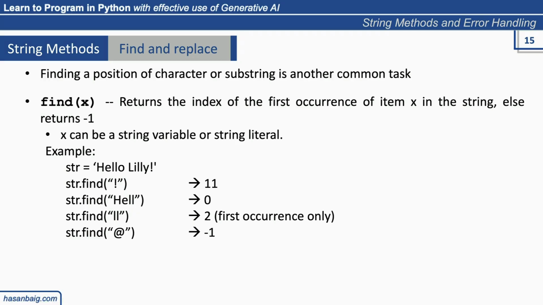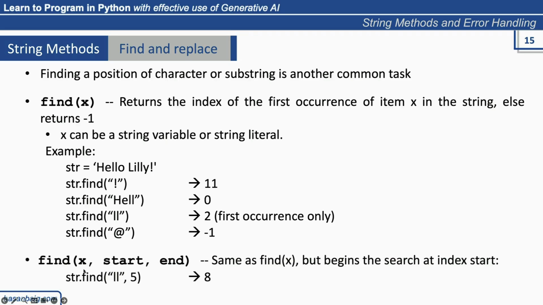There is another variation of this string method. For example, I'm looking for a string. I can also specify where I want to look, like which index ranges. Okay, so I can specify the start and the end index. Here, when I specify the start value, or optionally I can omit the end value also, I'm looking for LL starting from the 5th index.